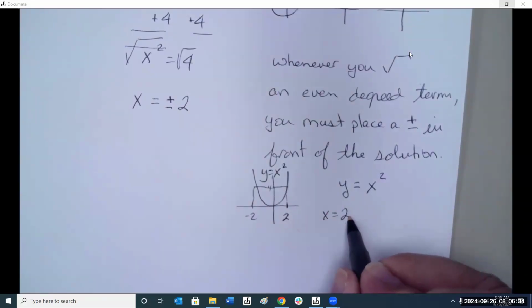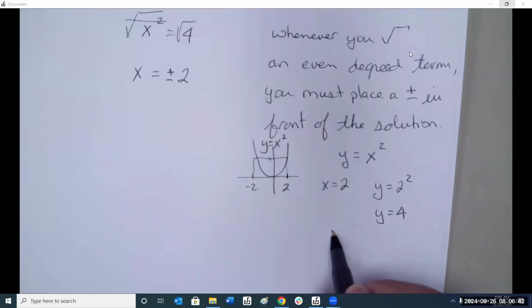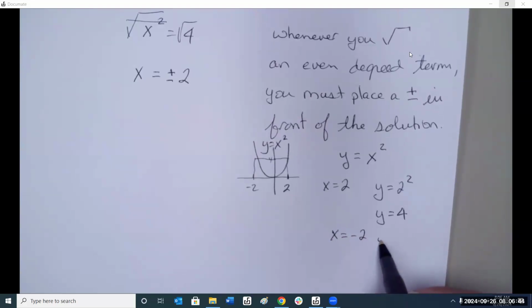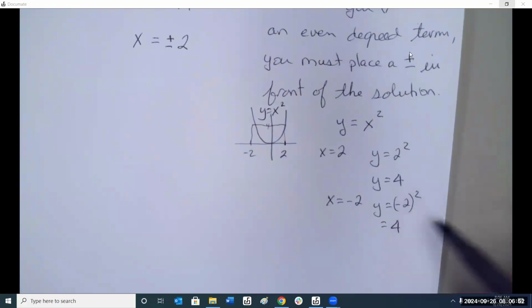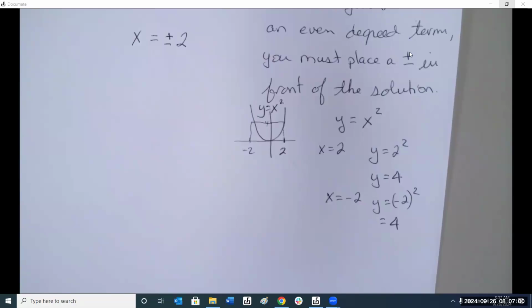If I put a positive 2 in there, y equals 4. If I put a negative, the same number in there, I get a positive 4. That's the reason why we put plus or minus in front of the even terms, even degrees. So if the degree is 2, 4, 6, 8, 10, any even degree.